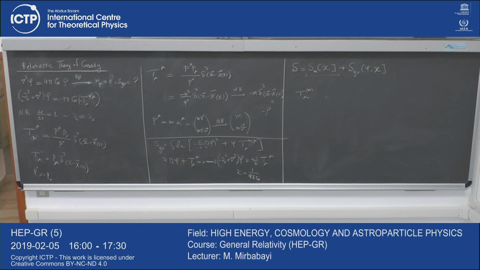We tried. There can be a derivation of this. I just wrote this and checked here that it reproduces the correct answer. So can we check from this action that it reproduces this T mu nu?